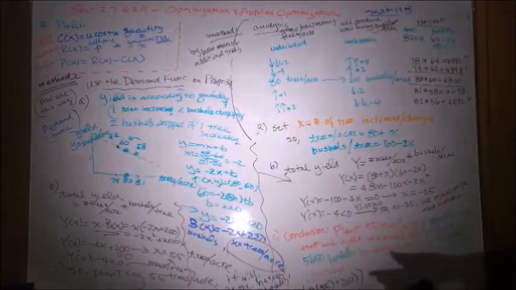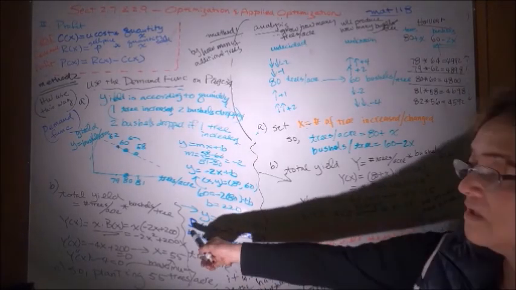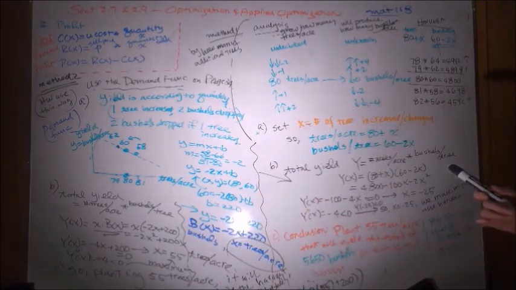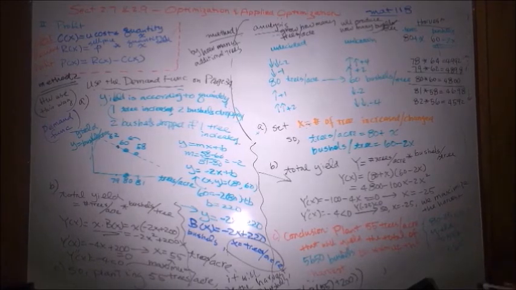Then 25 trees less, that would be how many? 25 trees less. So 60 plus 50 bushels more, right? Because each tree will produce 2 more bushels if you plant fewer trees.